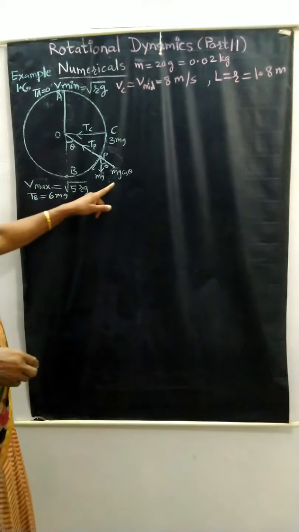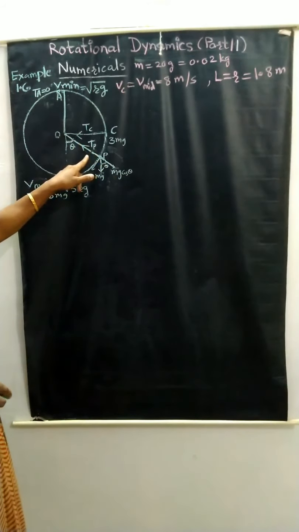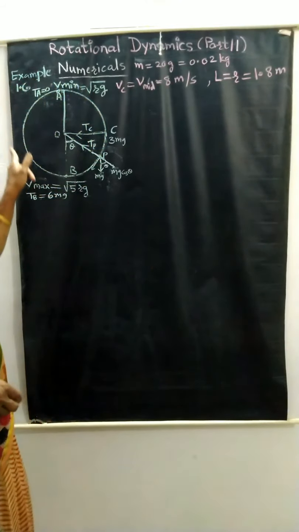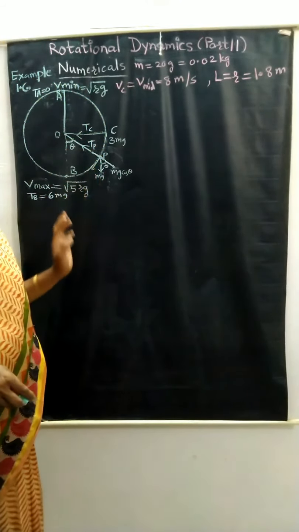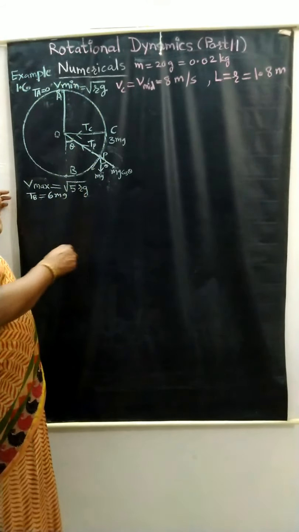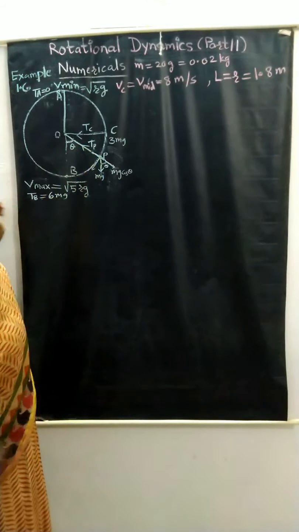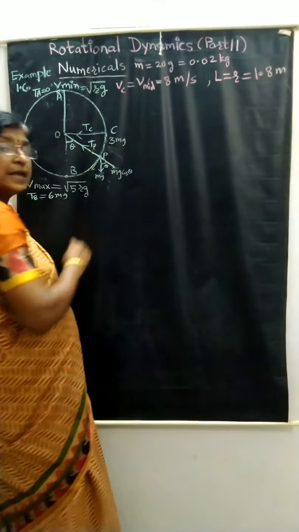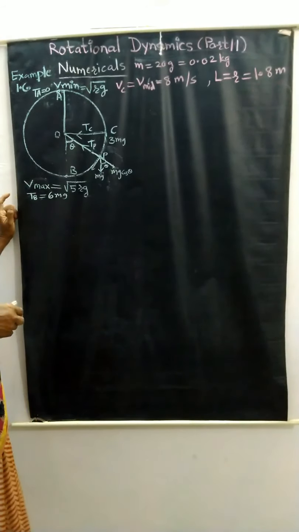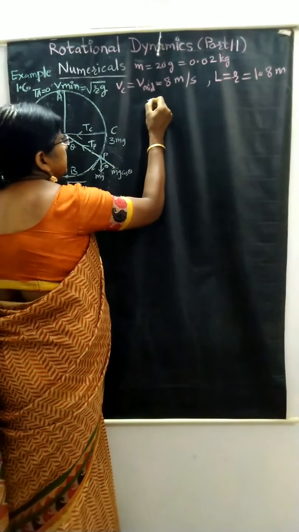We are not interested in that. Here, as the stone is performing vertical circular motion, the centripetal force will be required and it is obtained by the resultant of these two. That is, Tp minus mg cos theta is equal to mv square by r.